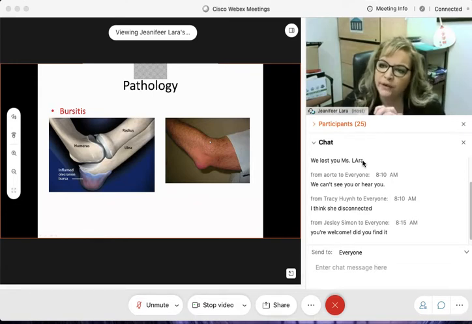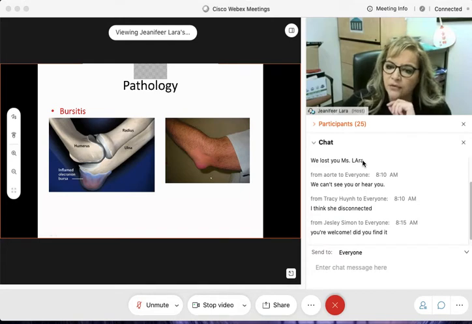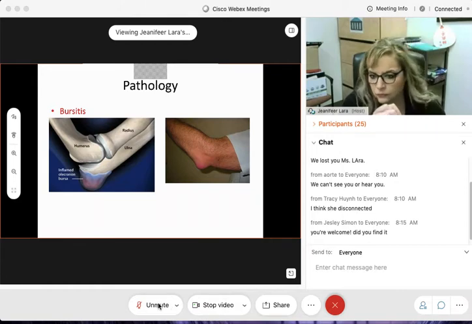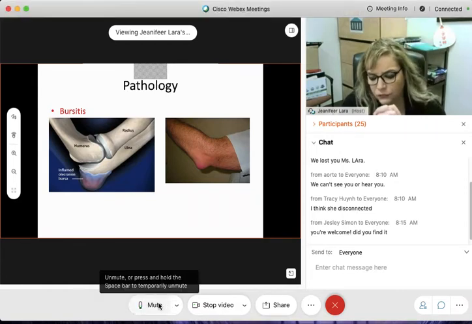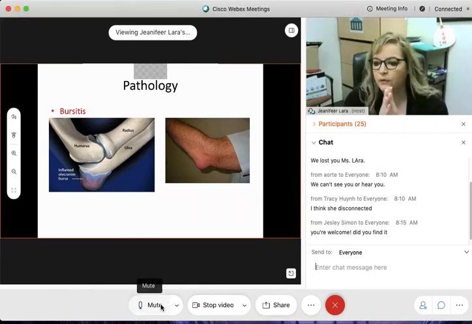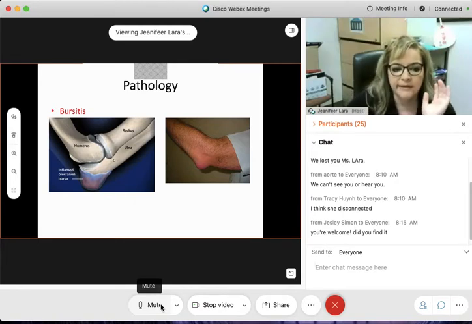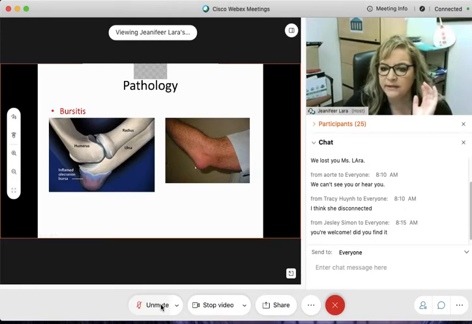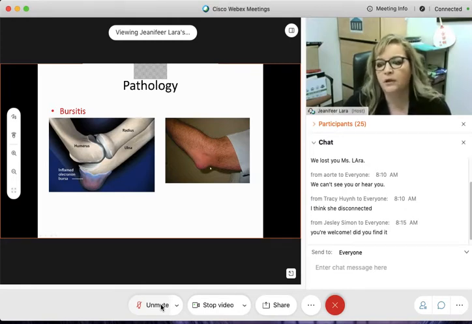And what type of joints do we have? Is this a diarthrodial joint that we have here, Jaleisha? Diarthrodial. Yes. Okay, and it is filled with synovial fluid. That synovial fluid will start to accumulate, and basically this becomes a sac full of fluid. So how do we relieve this?